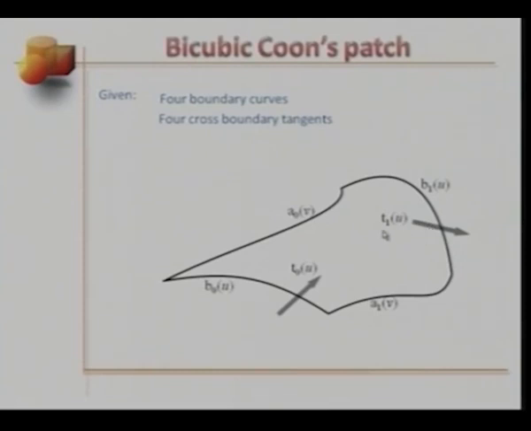Again, these would be the directions along the parameter v direction. Likewise, the other 2 sets of cross boundary tangents, s0 of v and s1 of v, will be pointing along the parameter u direction, like so.